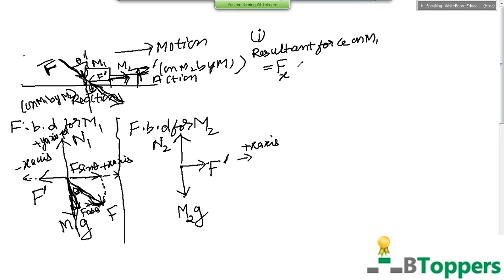So the magnitude of the x component of the resultant force on M1 can be written as F sin theta minus F dash. From Newton's second law, the resultant of all the forces acting on M1 will be the product of its mass and acceleration. Let A be the common acceleration of the blocks.